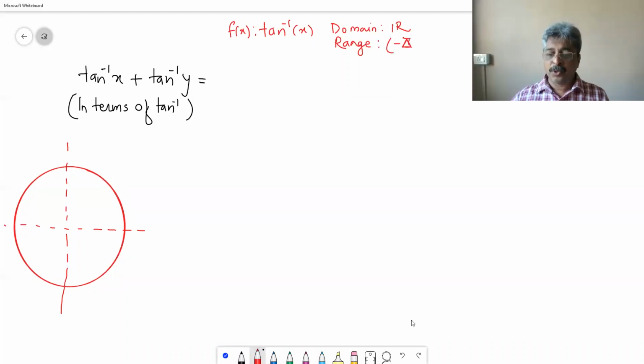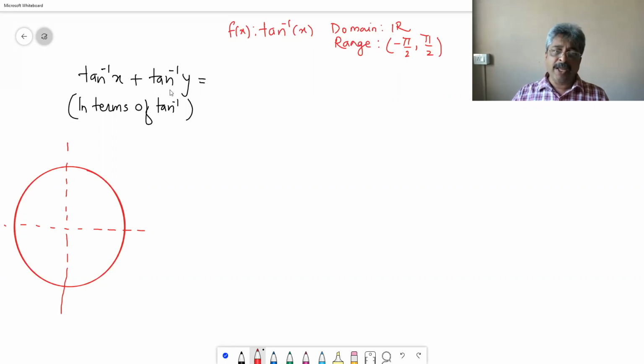Minus pi by 2 to pi by 2, open. Correct?